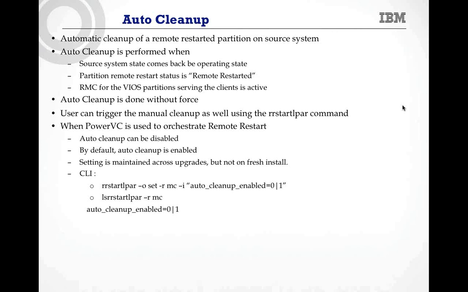So we'll do a remote restart -o cleanup on all those partitions that need to be cleaned up." Or else, like I said, you can either do it yourself with the command line, or you can have it automatically clean up.